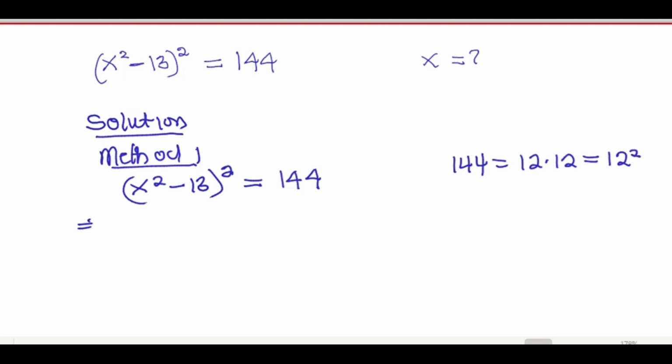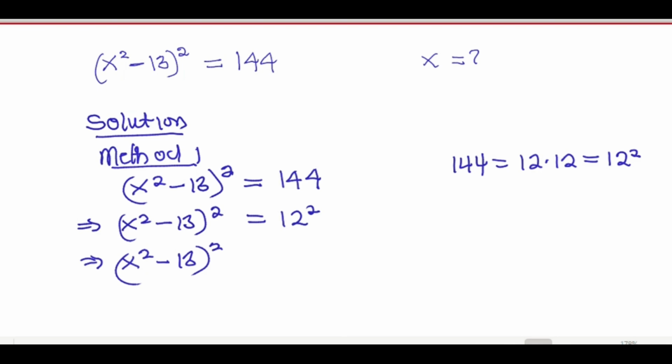So we write this as (x² − 13)² = 12². Now let's take the 12² to the other side. That gives us (x² − 13)² − 12² = 0.